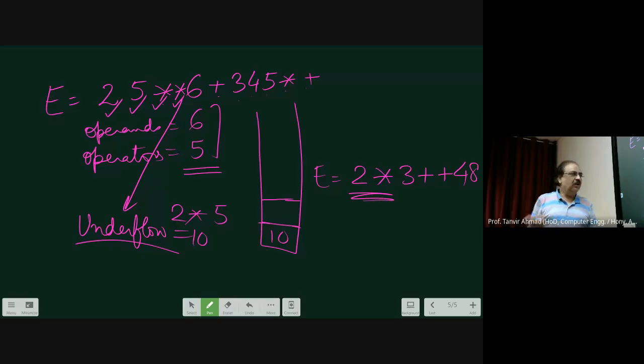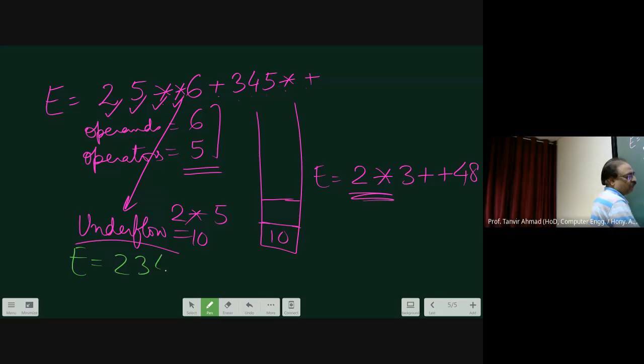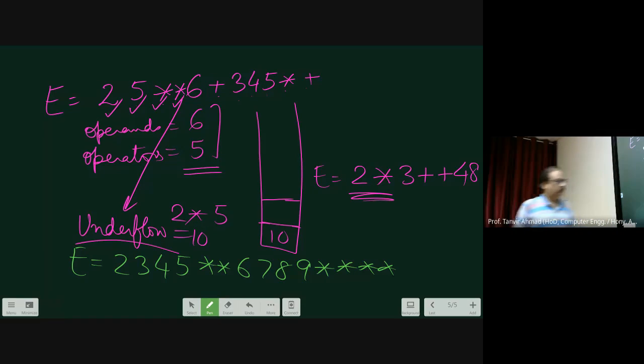Now, any expression like this might be wrong. Maybe by looking you can say, but if I say 2, 3, 4, 5 multiplied like this, and then 6, 7, 8, 9, and then multiply like this.